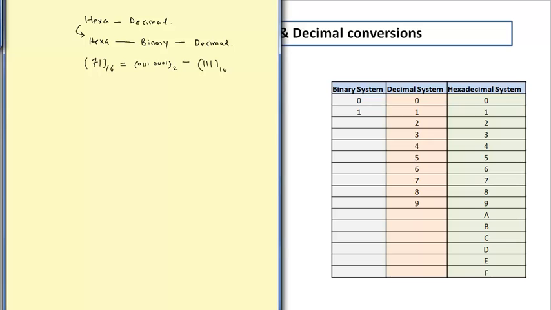Okay, I'm gonna check that once again. 128 is off, so 64 plus 32 plus 16. What is this? 96 plus 16 is 112. Yeah, I knew that something was wrong. So this is 113.